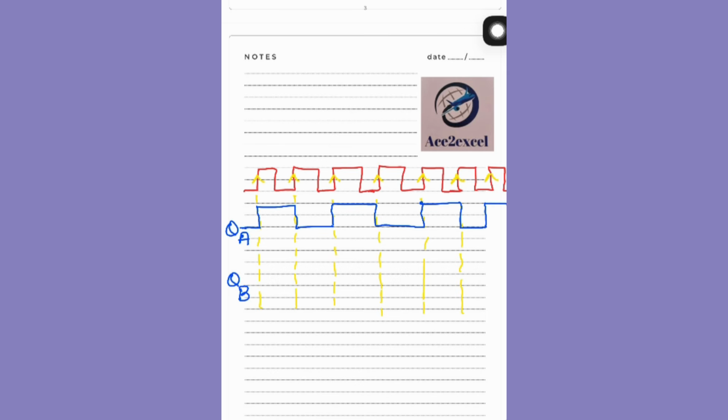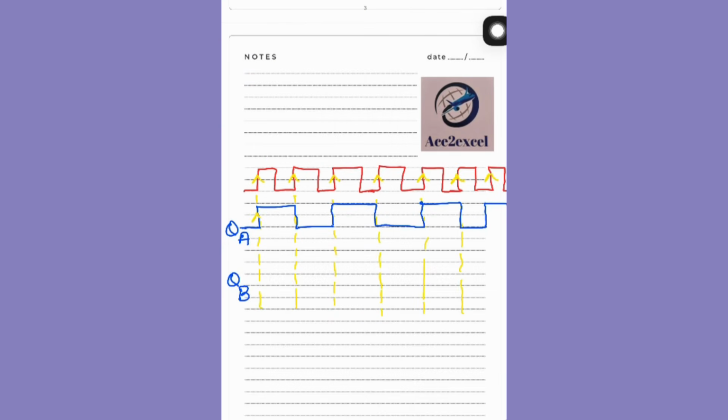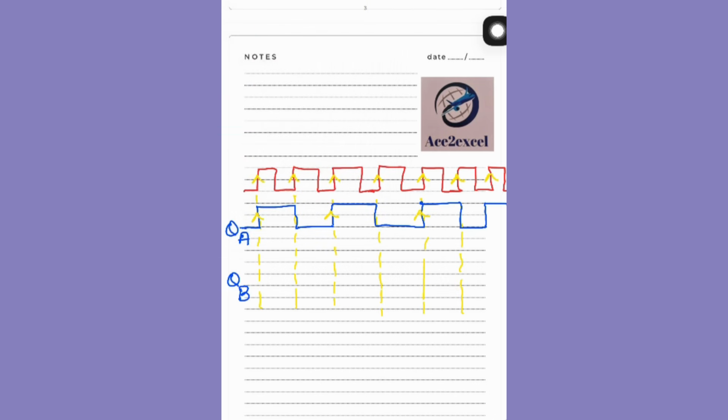Now, QA acts as clock pulse to QB. Again, clock pulse is rising edge. So we will mark the rising edge, and correspondingly QB will change state at every rising edge. It toggles its state from the previous one. And if we go by the output, it is 1 1, 1 0, 0 1, 0 0.